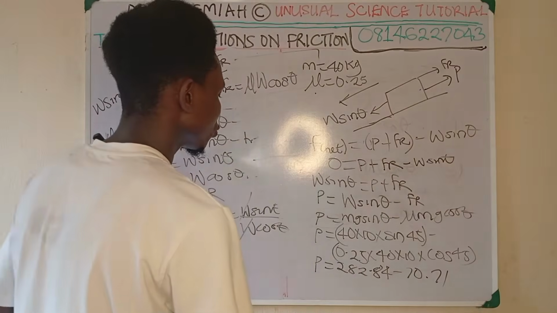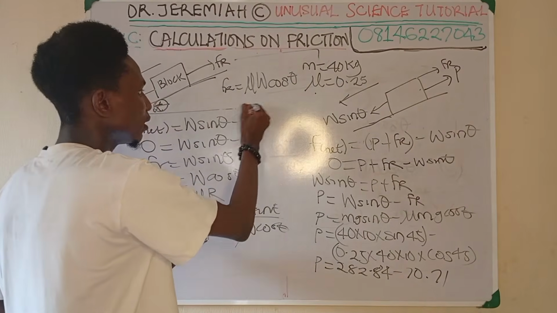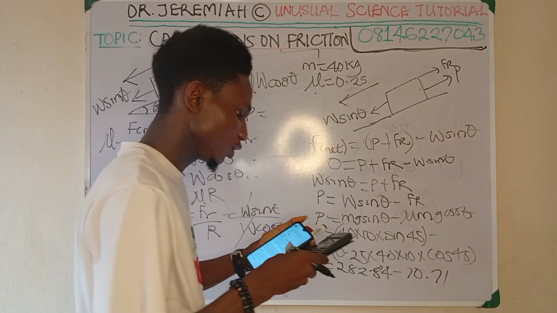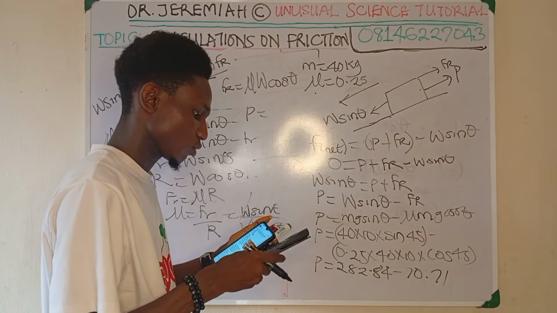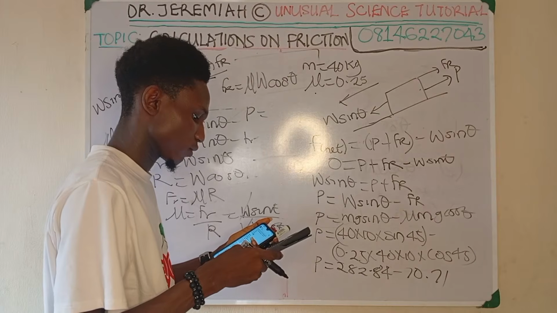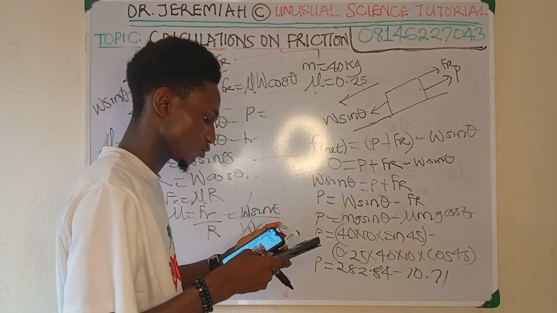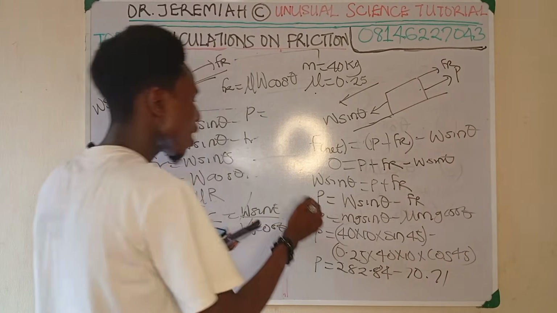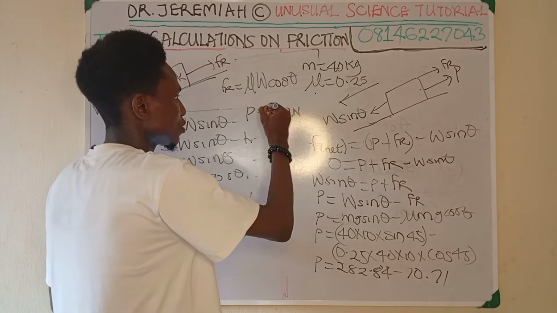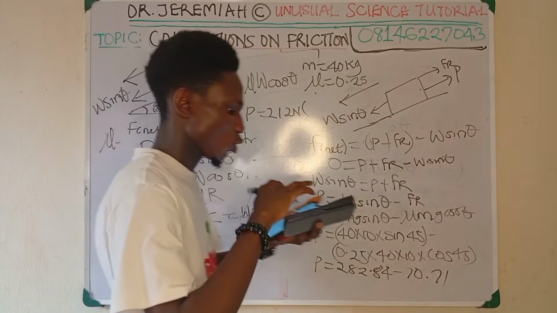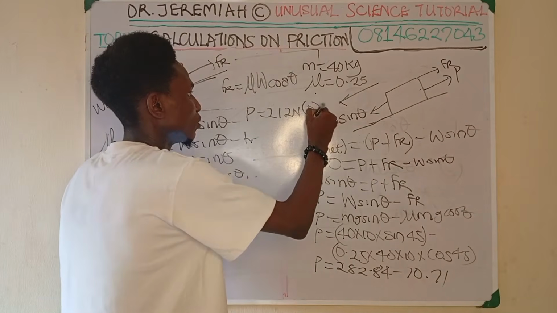If you subtract both of them, you are going to get P equal to 282.84 minus 70.71. We get 212 newtons. So that's option D.